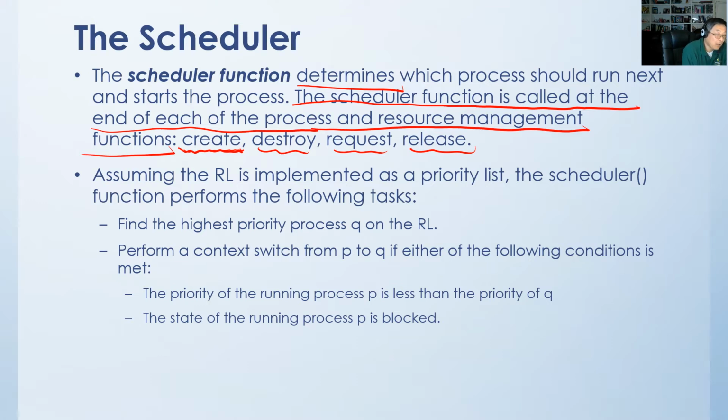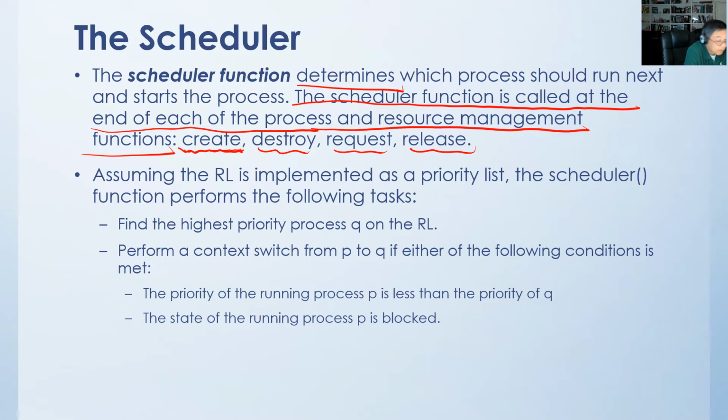If the newly created process has a higher priority than the currently running process, then the current process is going to be kicked out of the CPU, and the operating system is going to allocate the CPU to the newly created process, and the new process is going to be running.